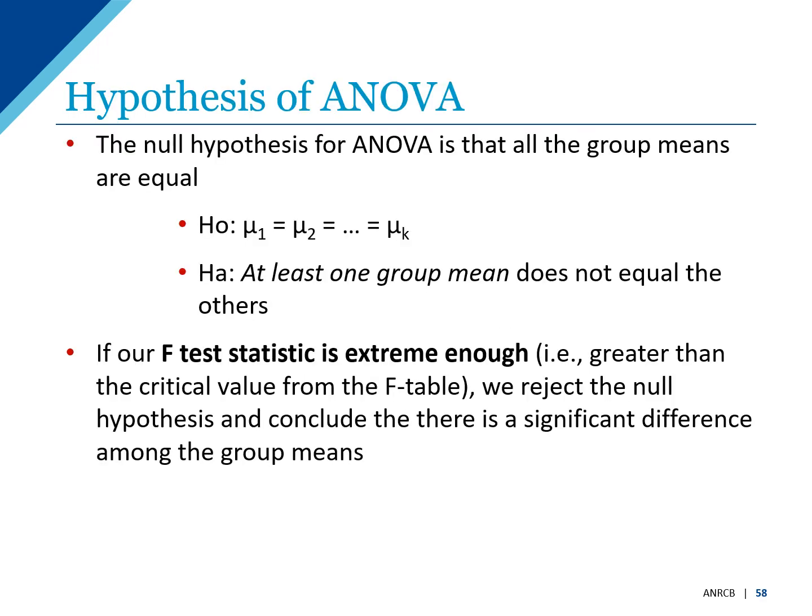The null hypothesis of ANOVA is that all the group means are equal. The alternative hypothesis, then, is that at least one group mean does not equal the others. As with all of our test statistics, if our F statistic is extreme enough beyond the critical value, we reject the null hypothesis and accept that there is a significant difference among the group means.